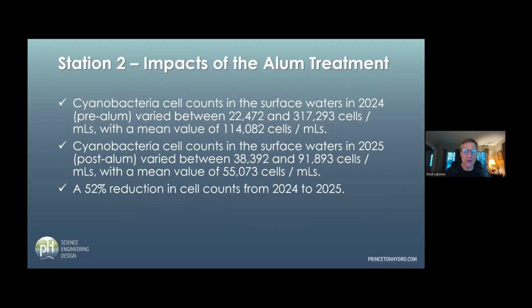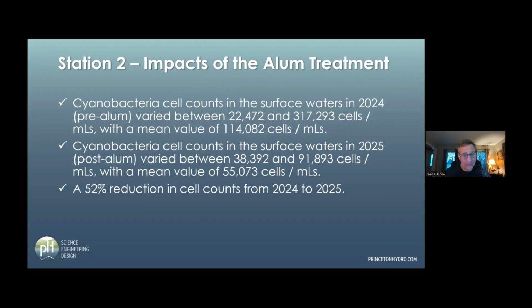And then just a few other data points. We also measure cyanobacteria cell counts, and I'll just give you the mean values. So the year before the alum was added, at Station 2, which is the Mid-Lake Sampling Station, the mean value of the cyanobacteria cells was about 114,000 cells per mil.